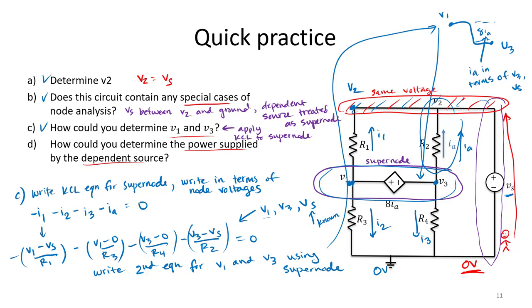Finally, last part of the question is asking, how would we determine power supplied by the dependent source? Well, we know that P equals IV. So we know that in this case, V is equal to 8IA, so that's nice. But what is I here?